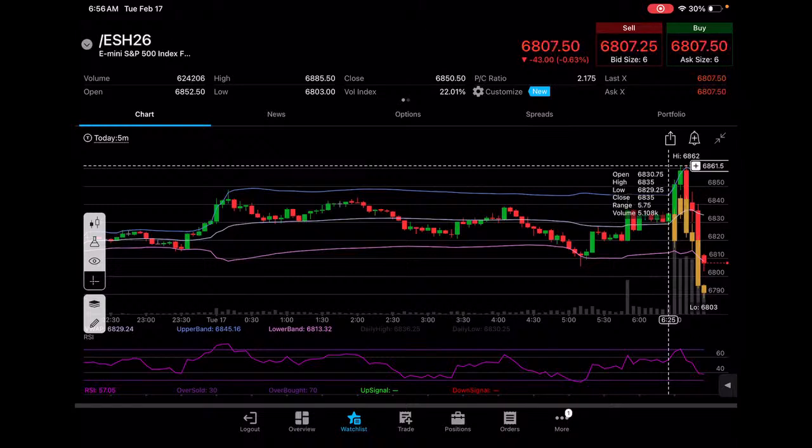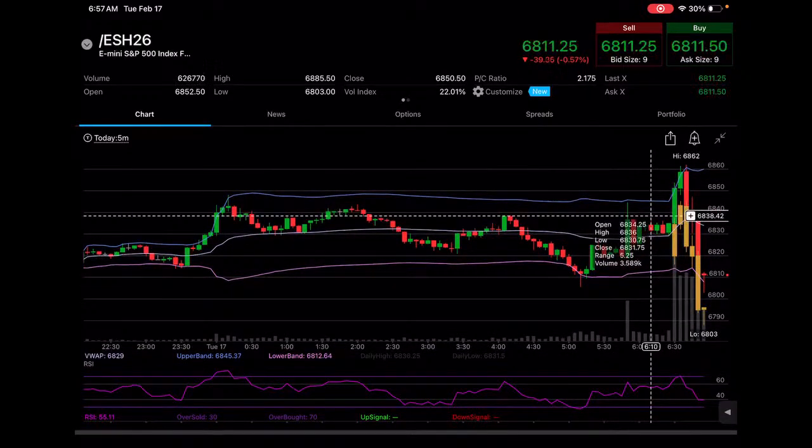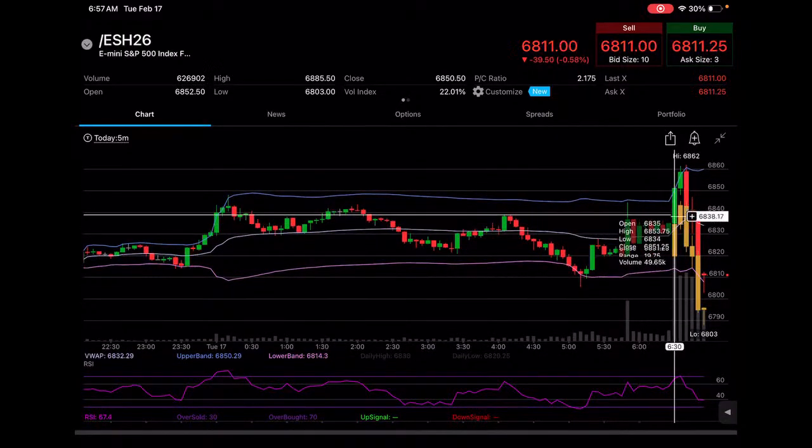I'm actually looking at the VWAP line at 6848, and I feel more confident about 6848. So the VWAP line is right here.